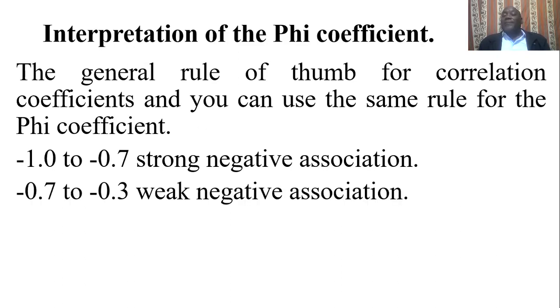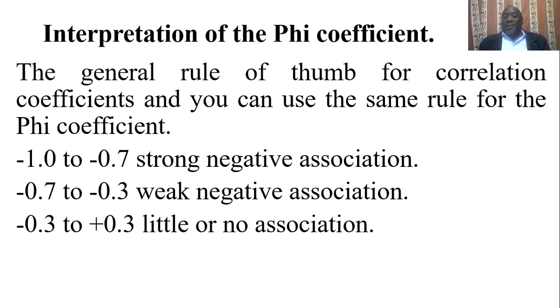The numbers from -0.7 to -0.3 mean a weak negative association between the variables. Then a number between -0.3 and +0.3 might indicate that there is little association or no association at all.